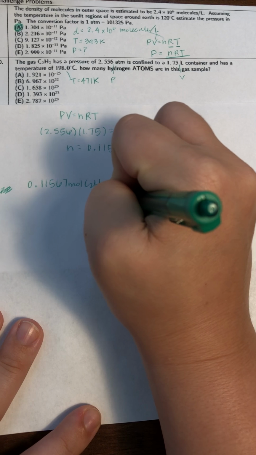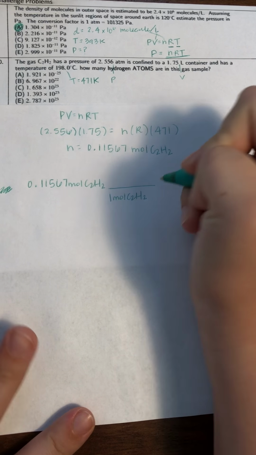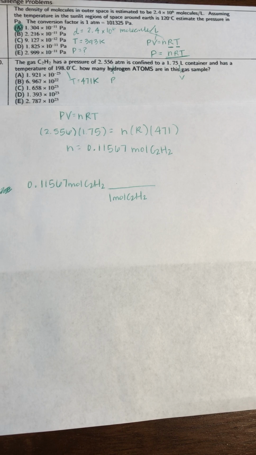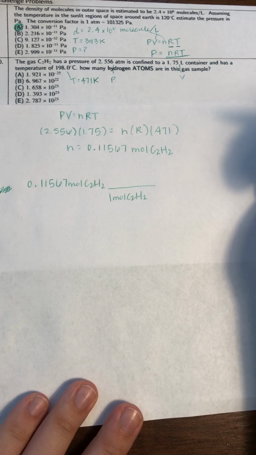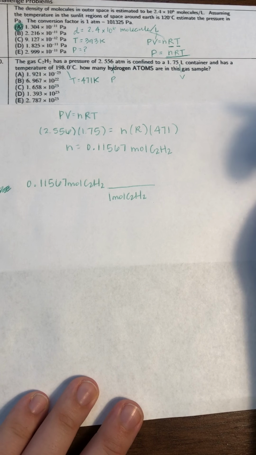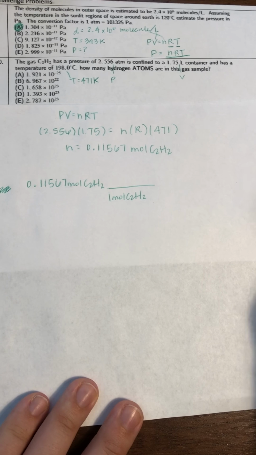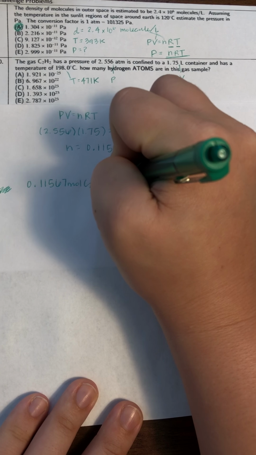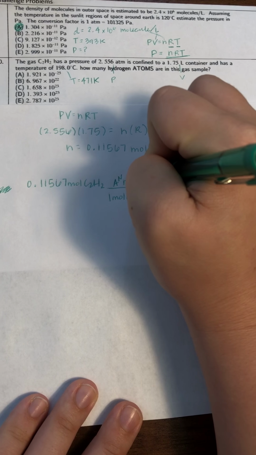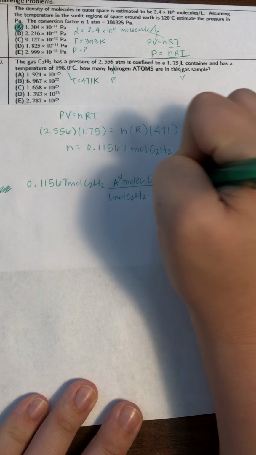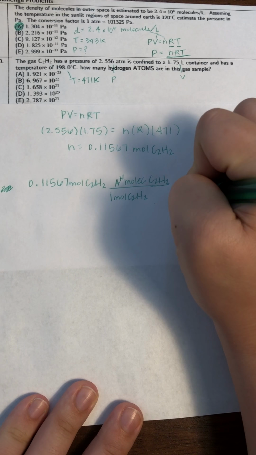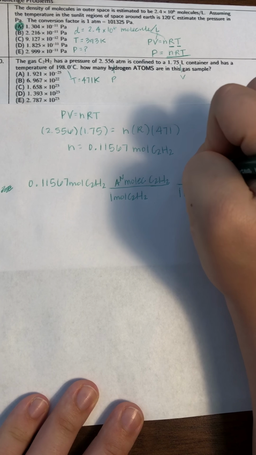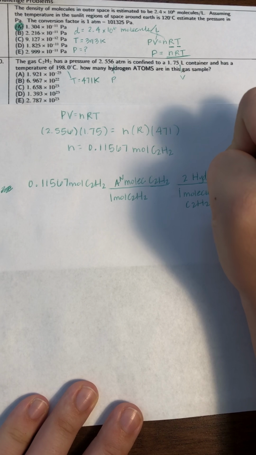Let's say 1 mole of C2H2, and since I'm trying to go to atoms, I need to get to smaller units, so if I have this compound, I'm going to go ahead and get to molecules first. If you want to say 1 mole of this equals 2 moles of H and then get to atoms, that's fine. Our steps will just be reversed, no big deal. So equals Avogadro's number of molecules of C2H2, and then 1 molecule of C2H2 equals 2 hydrogen atoms.